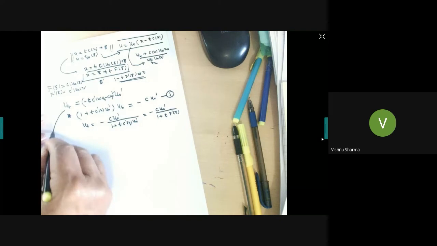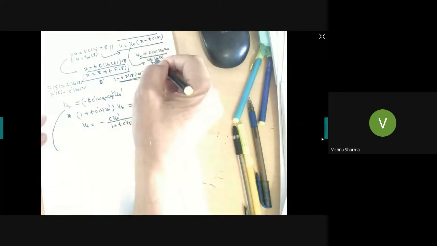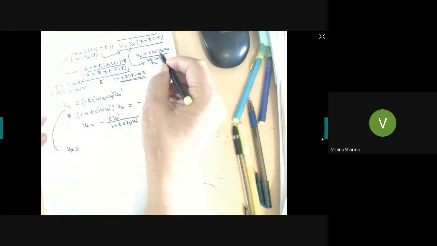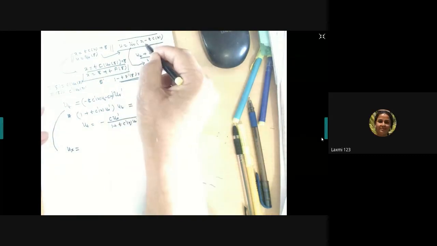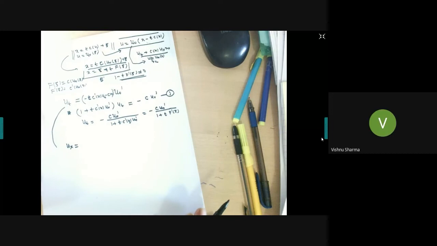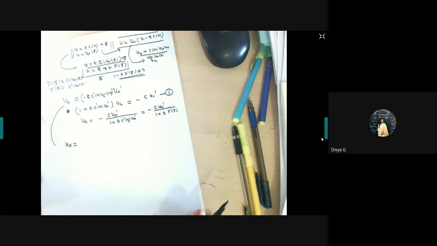Similarly, I can differentiate this with respect to x. What is the derivative with respect to x? It's u naught prime. And while differentiating u with respect to t, we considered c of u, where u is a function of t. So we differentiated c of u as c dash of u ut.